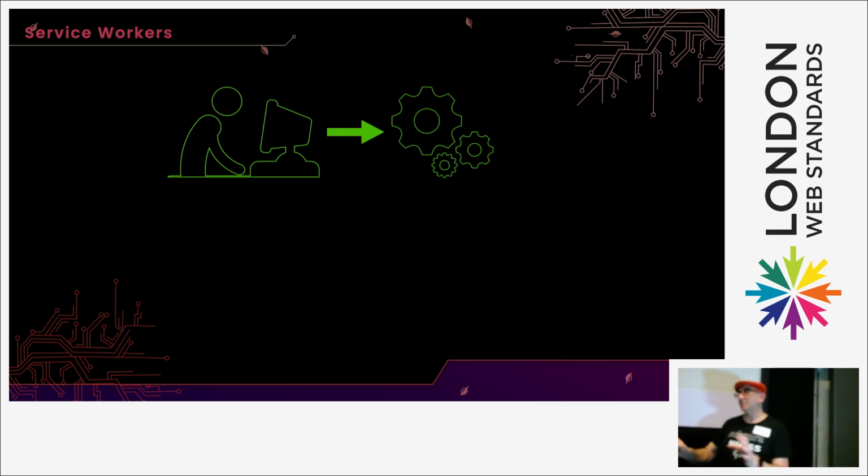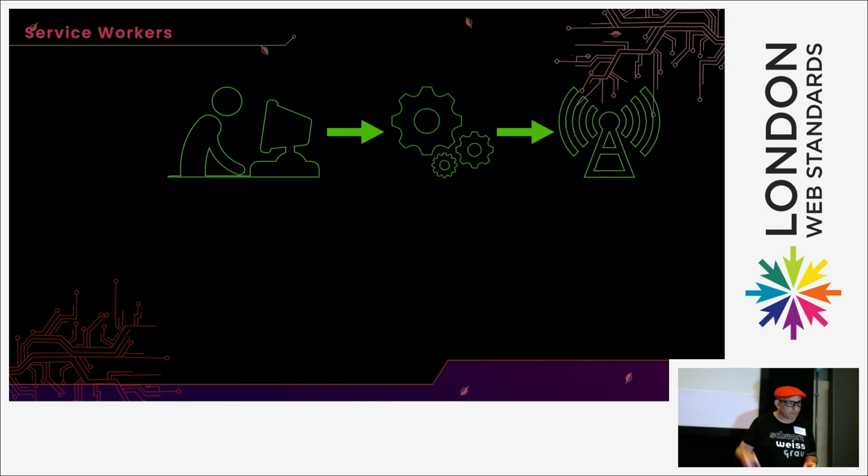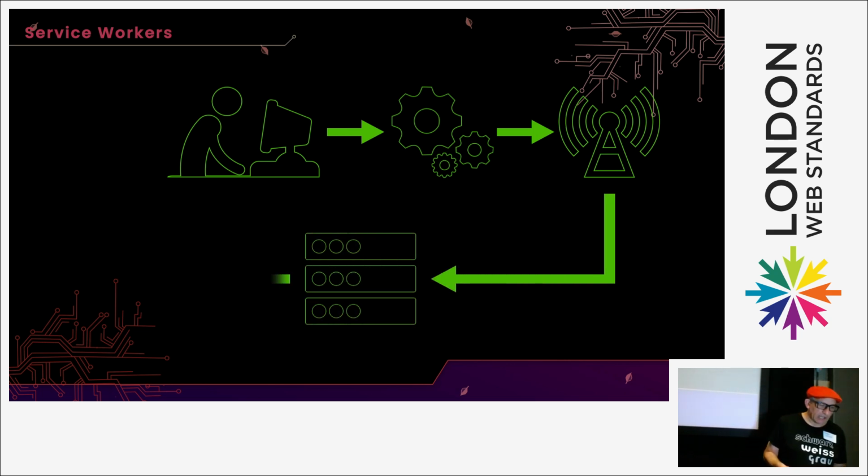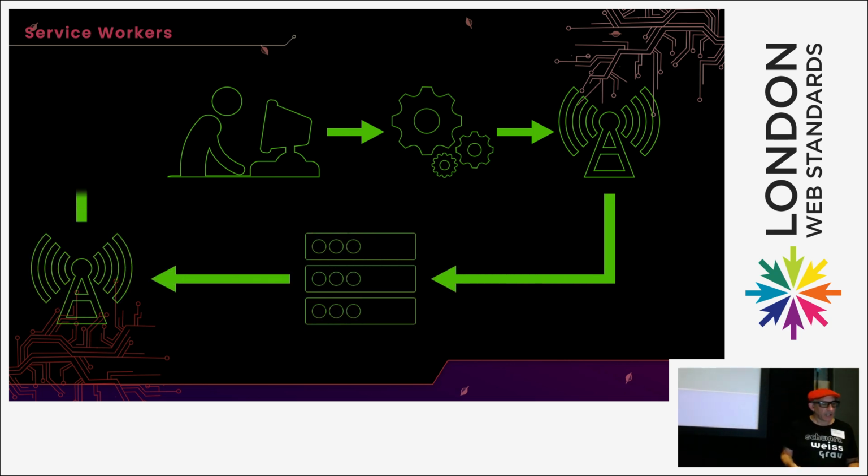If it hasn't been to this website before, we have never made that request, and we haven't got the service worker stored on our machine or our device. So, the service worker makes some decisions, which we'll have a look at in a minute, and then it will go back to the telephone mast, and then it will talk to the server, and the server will talk to the telephone mast, and the telephone mast will talk back to the computer.